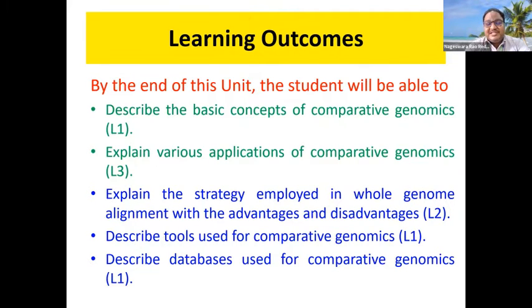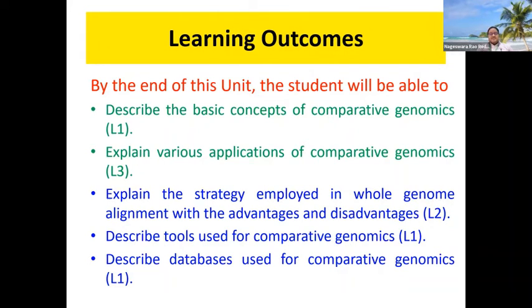It's learning outcome level 1, very simple: you just have to remember the concept. Here we'll learn what comparative genomics is, where it is applied, what the applications are so far, and how comparative genomics evolved from normal genomics.